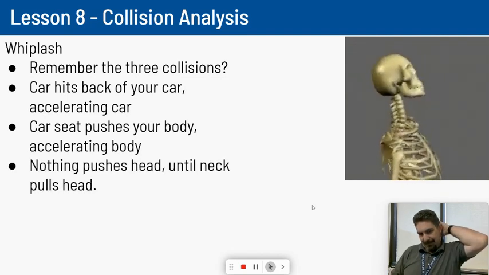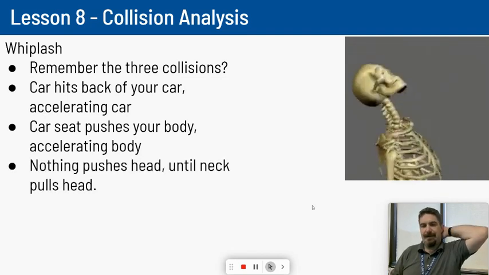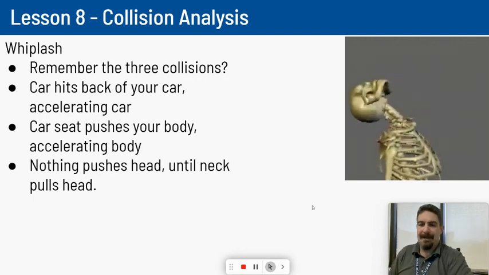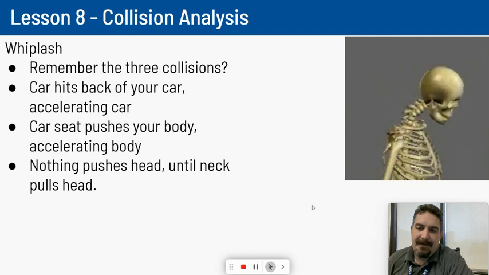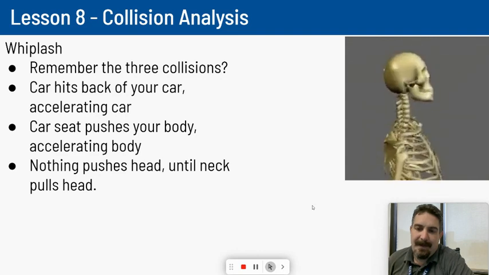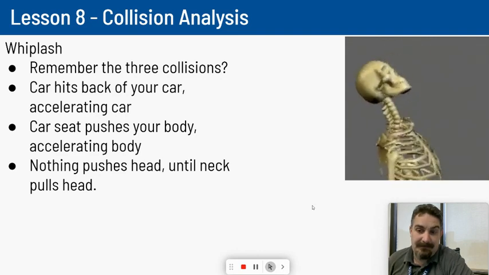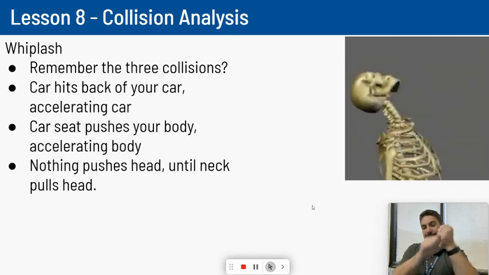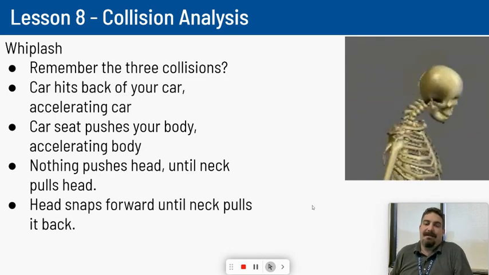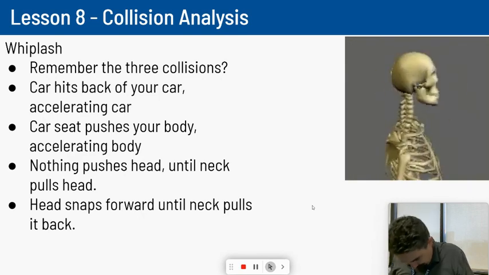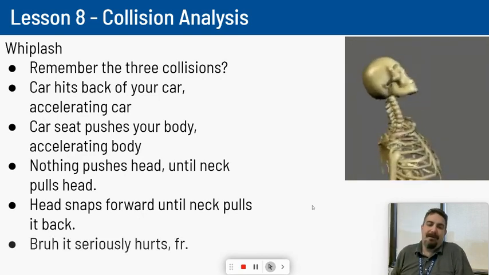If you have no headrest, nothing is pushing your head. So your head snaps back like we see in this picture until your neck catches your head. Now the muscles in your neck are stretched out and they stretch and then pull your head back. And so your head snaps forward until your neck stops your head going forward.